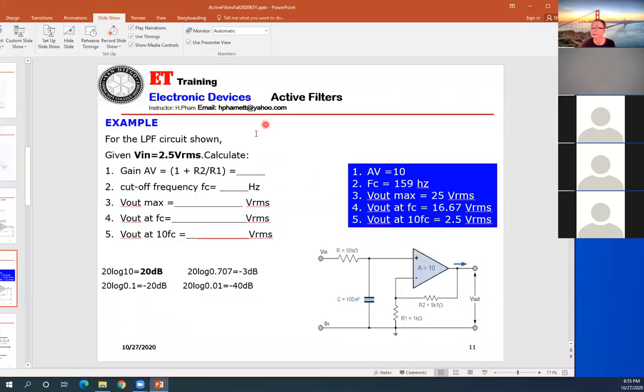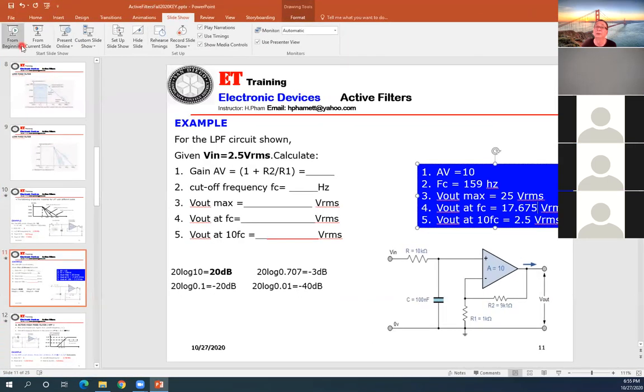The last one was back to 2.5 volts at the end. Yeah, let me correct that one. You tell me what the number is here. 17.675. Yes, sir. Okay, thank you. Okay, that's the answer.